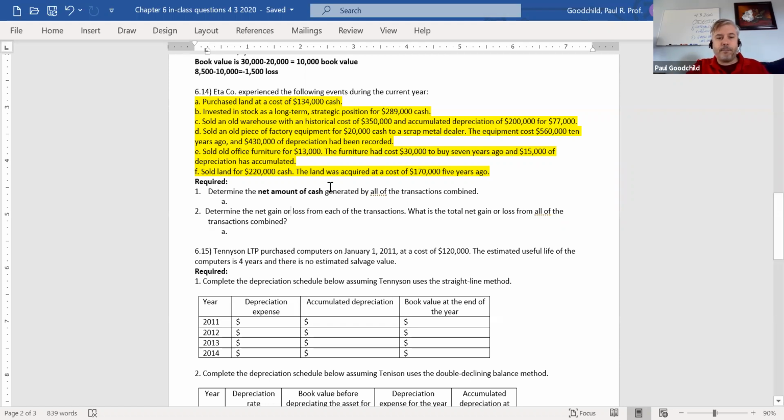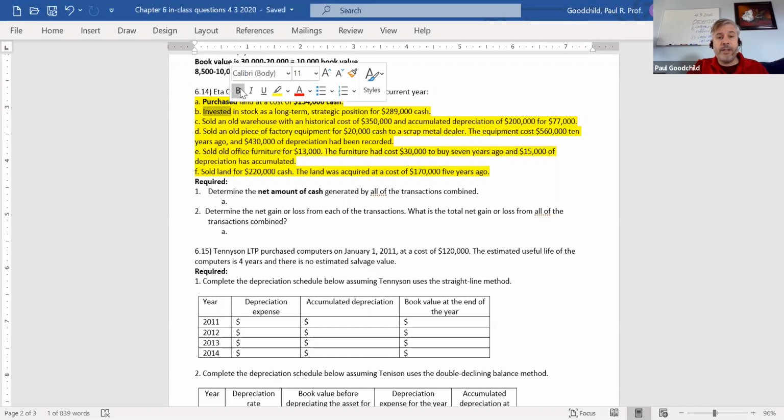Okay. All right, so let's go through each one. So this says purchase land at a cost of $134,000 in cash. So not a loan, not for stock, not a trade, so that one's going to count.